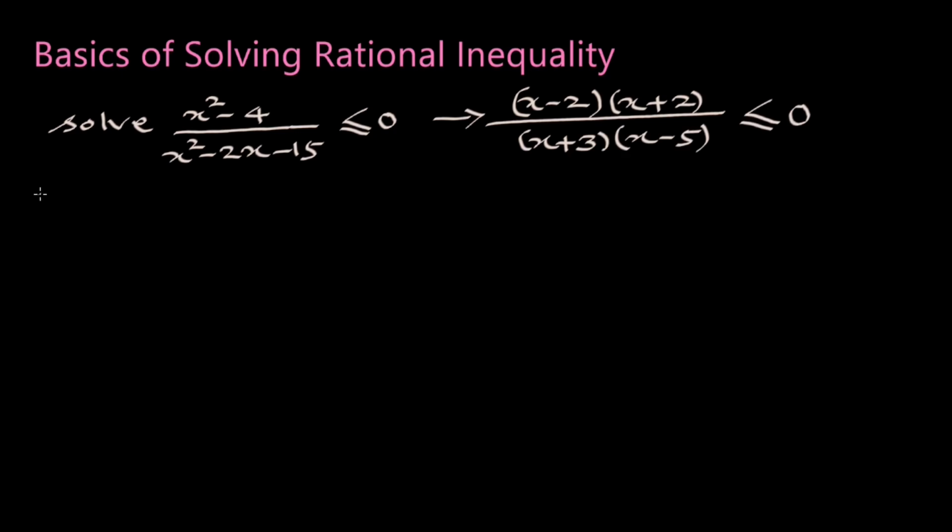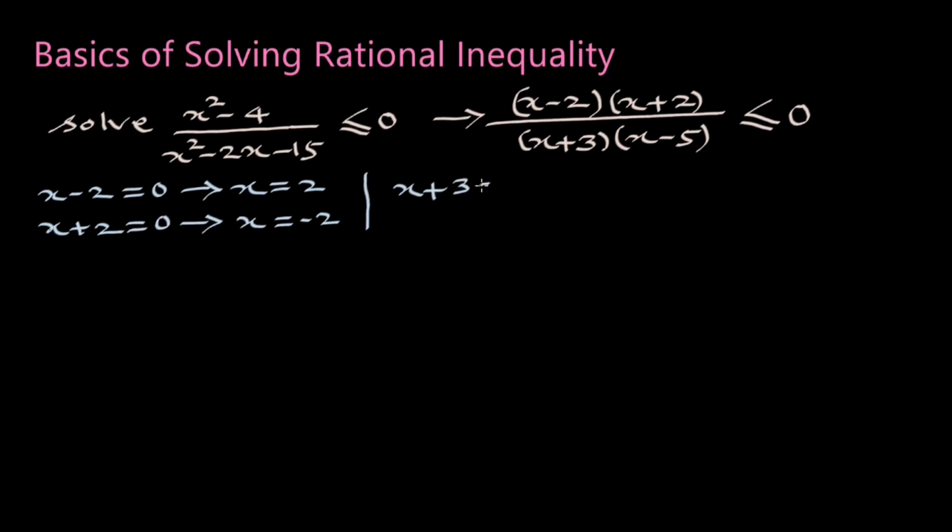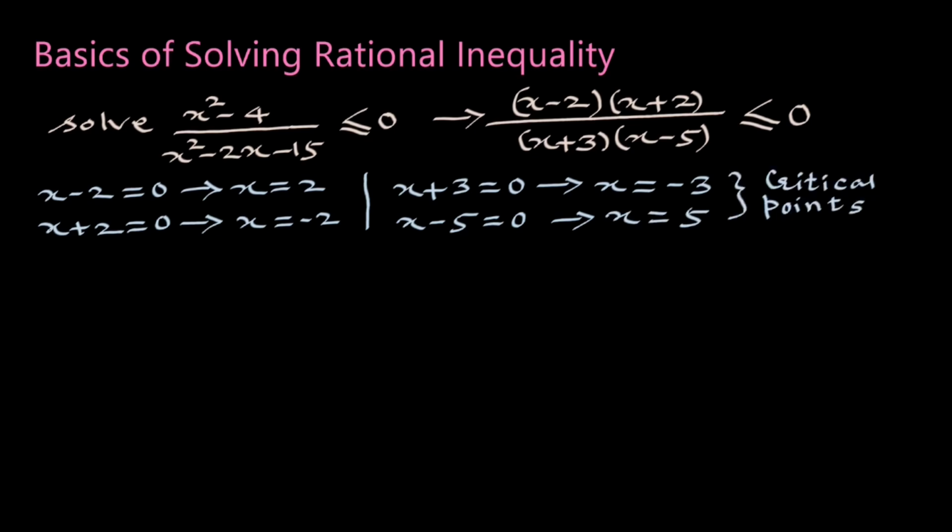Polynomial equations will be x minus 2 equals 0, giving x equals 2, x plus 2 equals 0, giving x equals minus 2, x plus 3 equals 0, giving x equals minus 3, x minus 5 equals 0, giving x equals 5. Now we will plot these critical points on a number line and search for our solution.